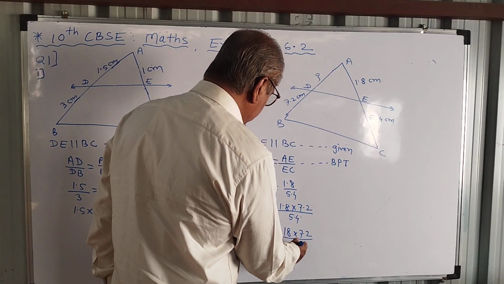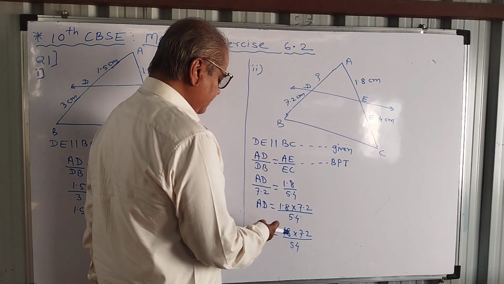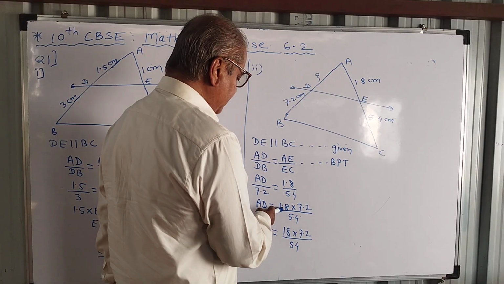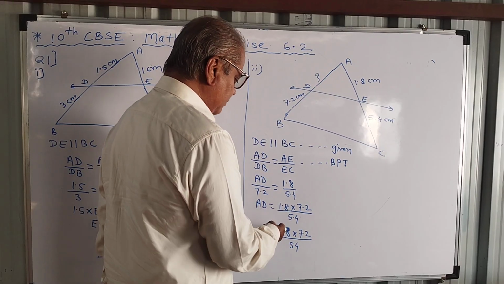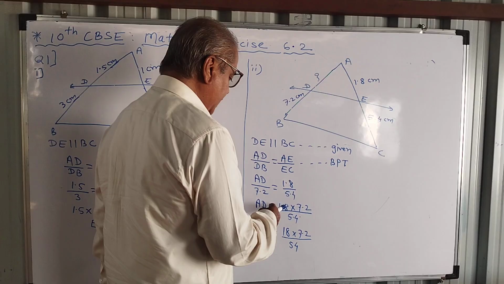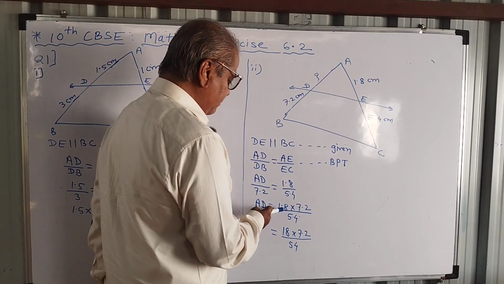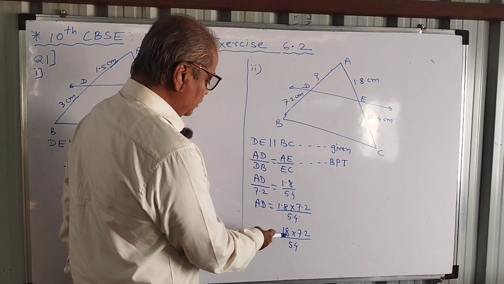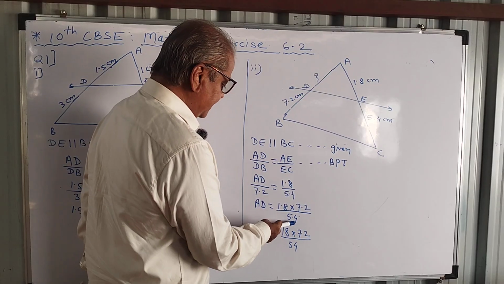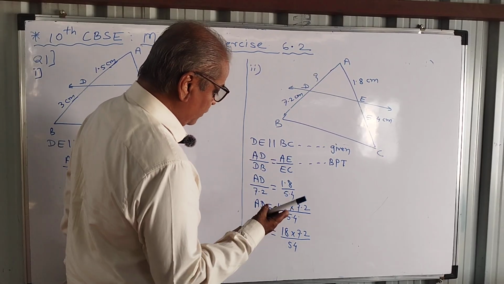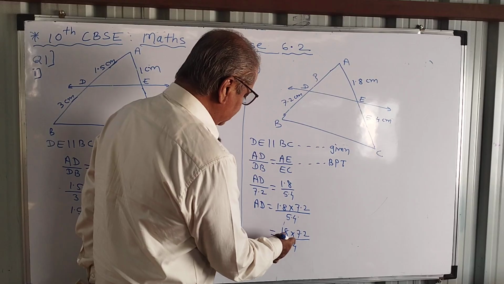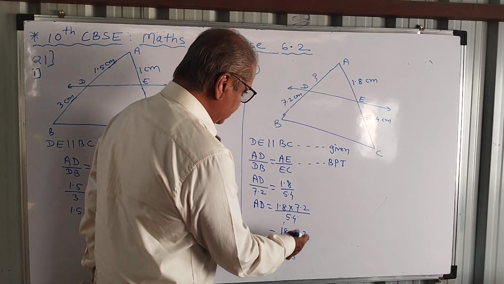5.4 ला 54. So you are multiplying 5.4 by 10, then multiply 1.8 or 7.2, either one of the two. So I have multiplied 1.8 by 10, so it is 18. 7.2 as it is, 5.4 becomes 54. 18 1 जा, 18 3 जा.